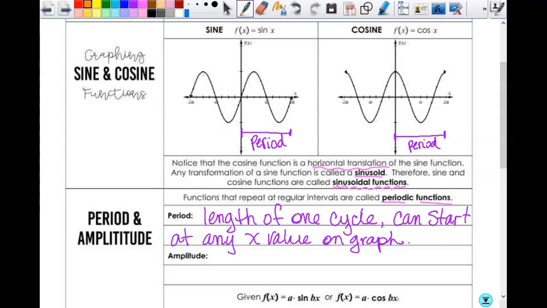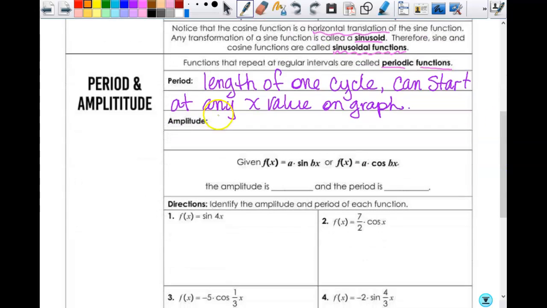So amplitude for any sine or cosine function is half the distance between max and min values.